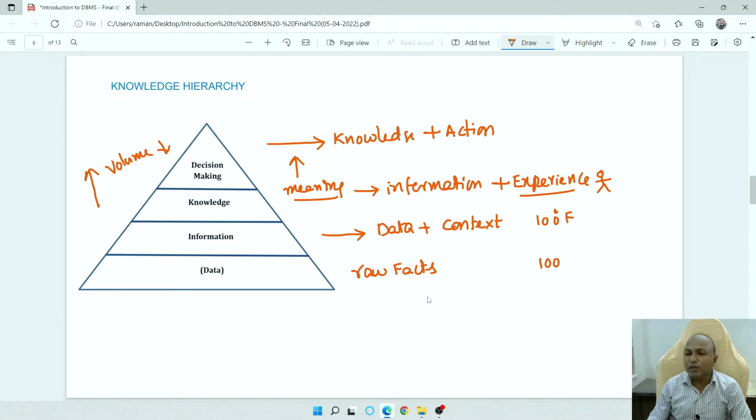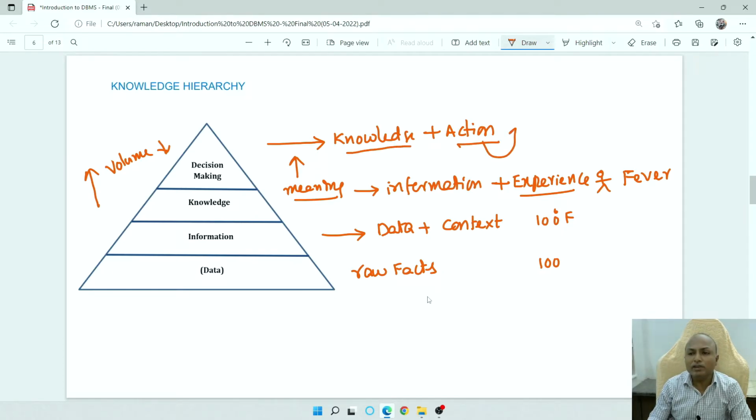So with his experience, he can extract the knowledge that this patient is suffering with fever. That is the knowledge. Based on the knowledge, he will suggest some action.